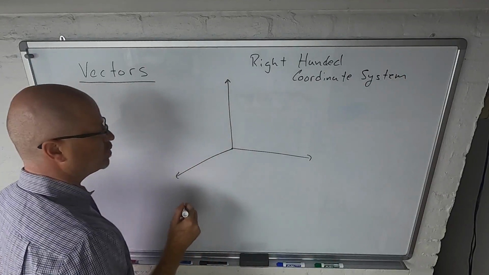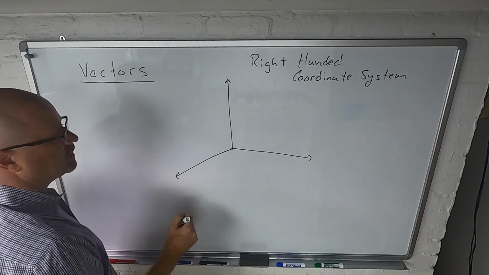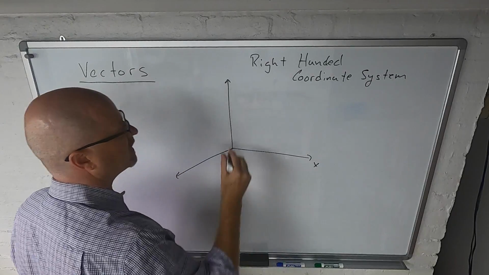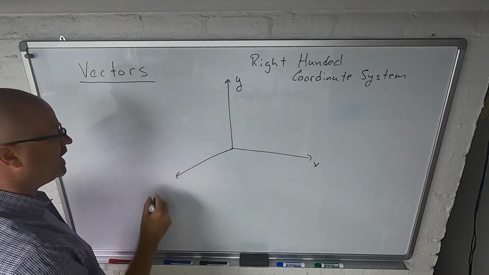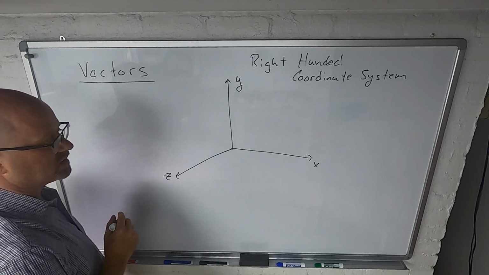And we'll talk a bit more about that. That's a detail. And so, for example, I would label this the x-axis, then I'd have to label this the y-axis, and I'd have to label this the z-axis.